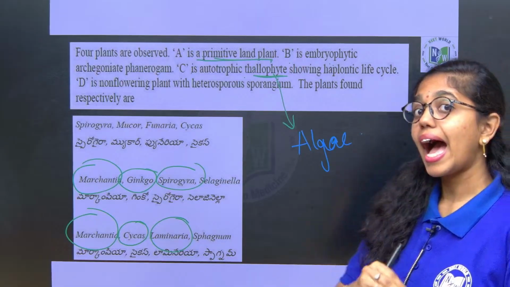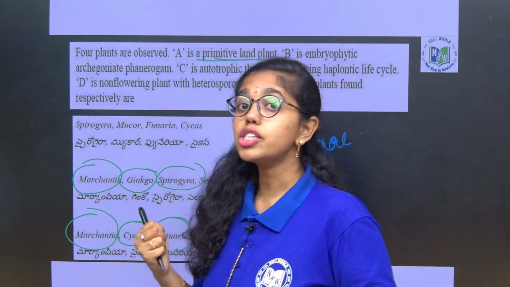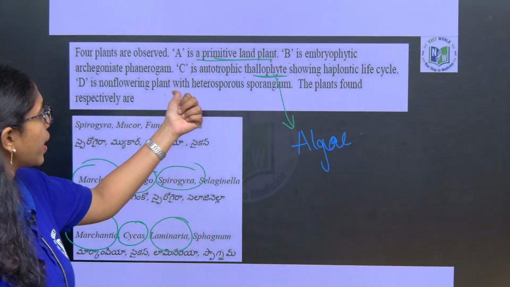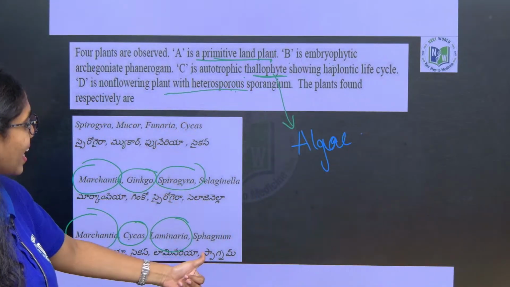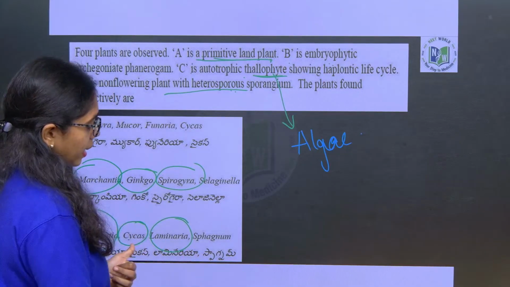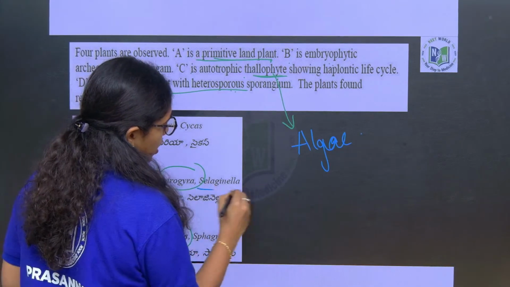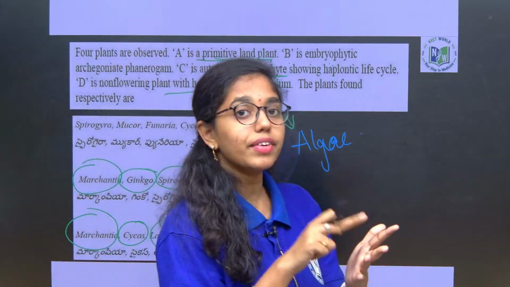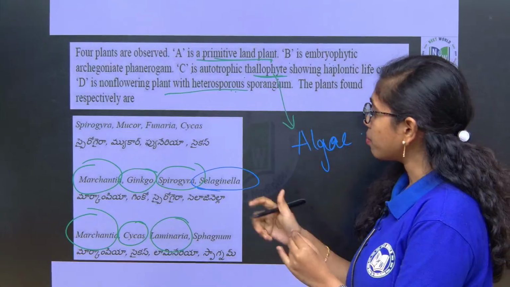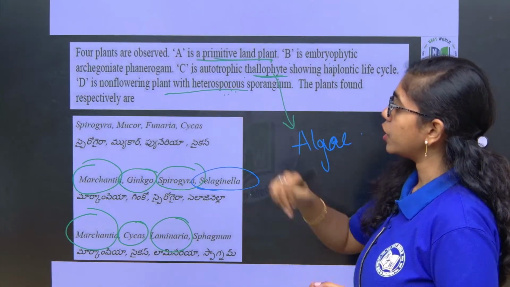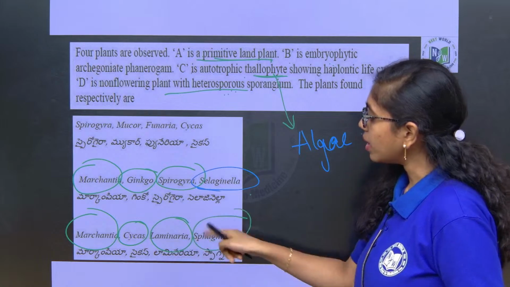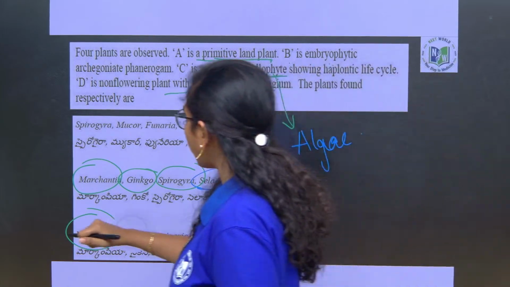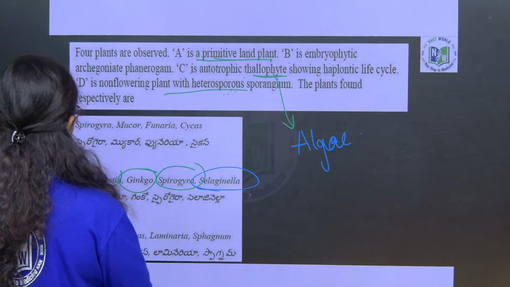Non-flowering plant having heterosporous condition means which one? Pteridophytes. From pteridophytes and heterosporous condition, that is Selaginella. Just now we have looked at the examples, right? Selaginella, Salvinia, Marsilea, Azolla. These examples are from heterosporous condition of pteridophytes. Sphagnum will come under what? Bryophyte, it is not a pteridophyte. So, here we have to go with option 2.